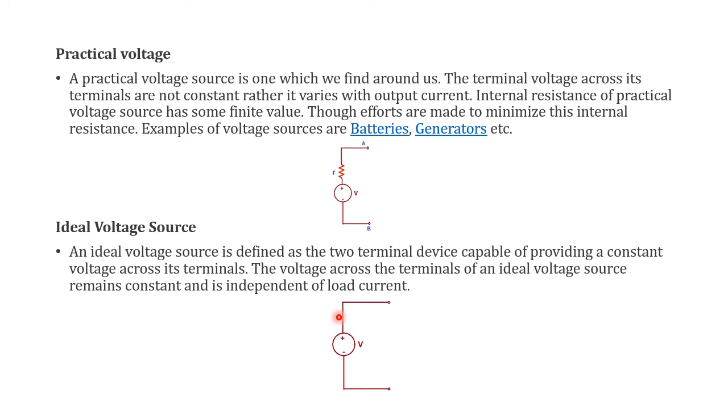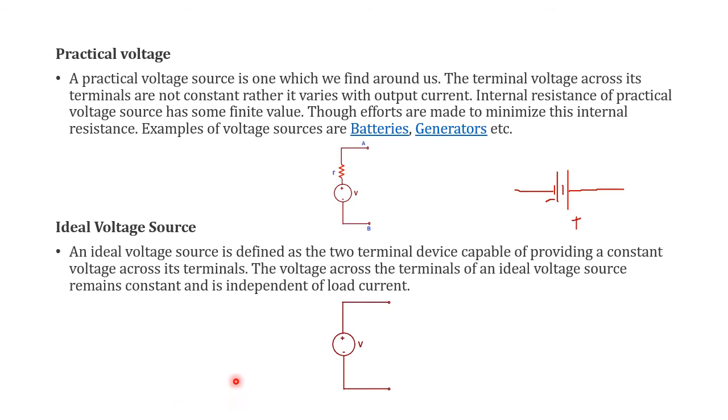So now let's analyze what that internal resistor is. I am going to consider a battery as our voltage source, for example. This battery has two terminals. This is the minus terminal, this one is the plus terminal.